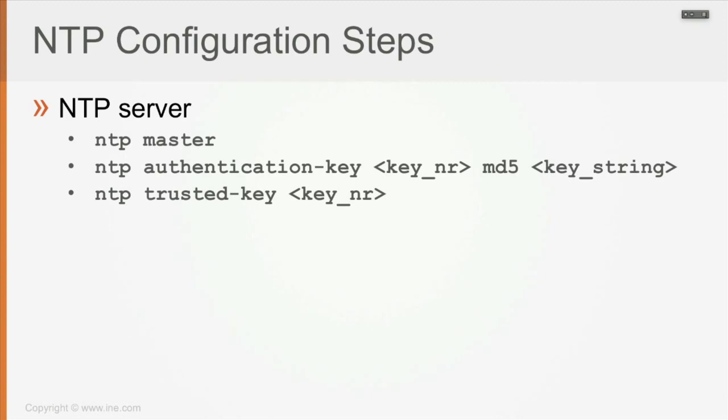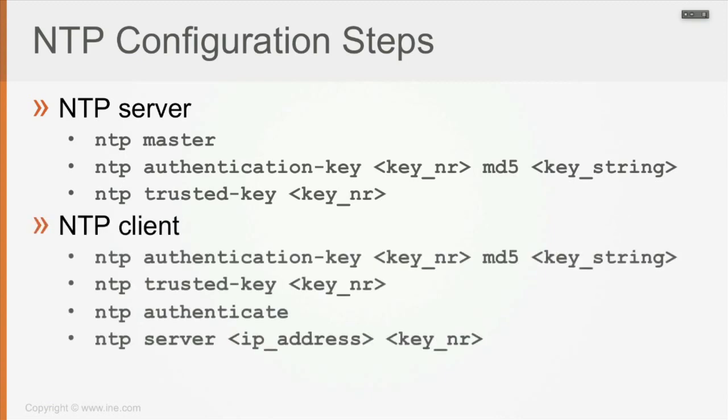So if you want to authenticate the NTP traffic, then on the server side, you just define the key with the key number, the algorithm of MD5, and then the key string, and then you configure that key number to be trusted.